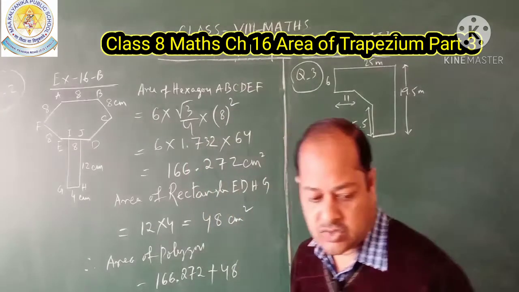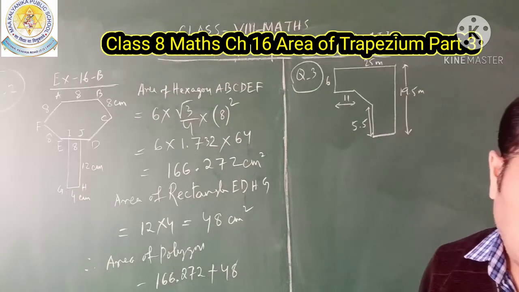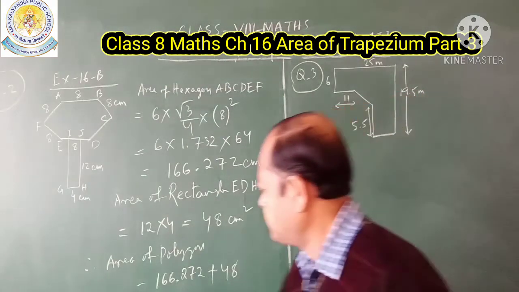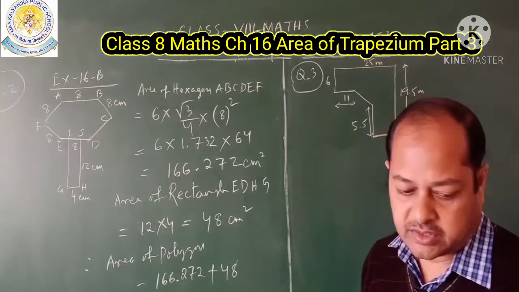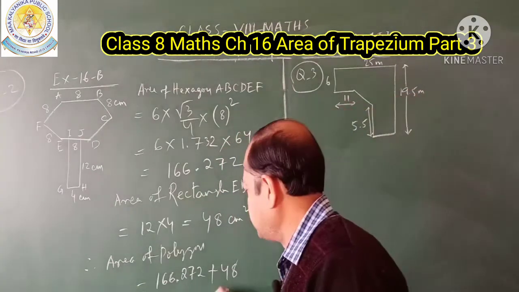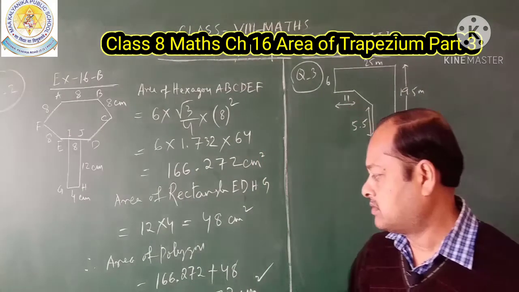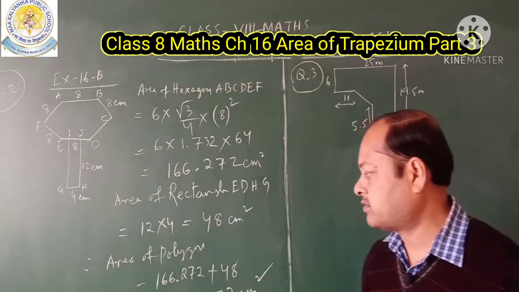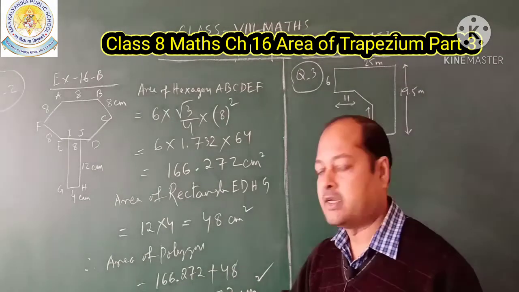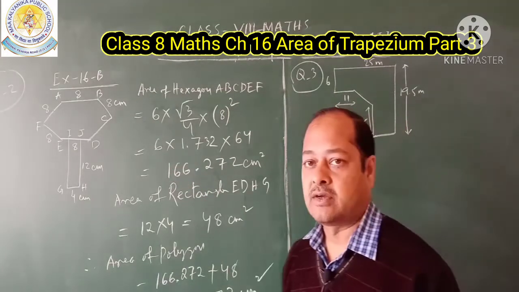That is equal to 214.272 centimeter square. So 214.272 centimeter square is the area of this polygon.